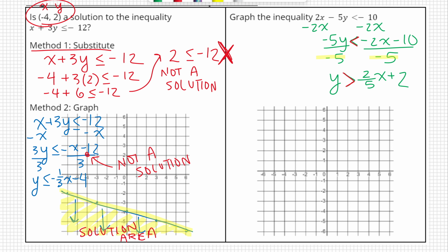Dashed line there. And it's greater than, so I want everything above the line. I draw in these arrows just to help me see which part of the line I need to shade. And then we're going to fill in our solution area, all of this.